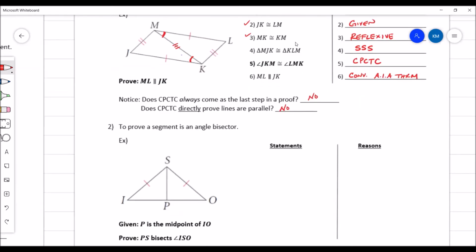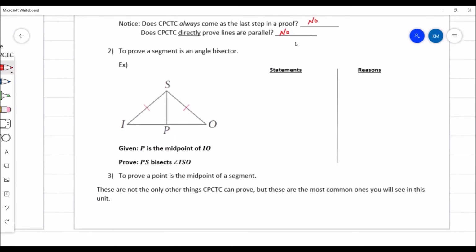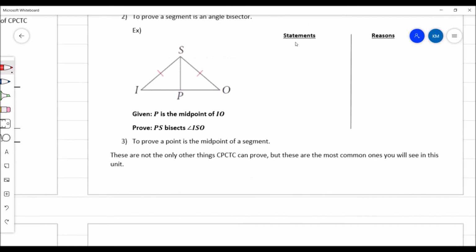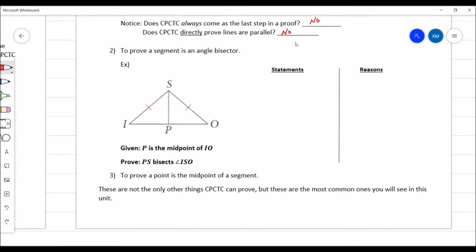All right, last one. It says to prove a segment is an angle bisector. Here we go. It says given P is the midpoint of IO, and it wants us to prove that PS bisects ISO. So remember what bisects means.